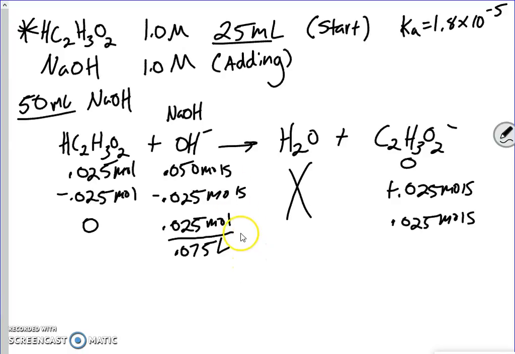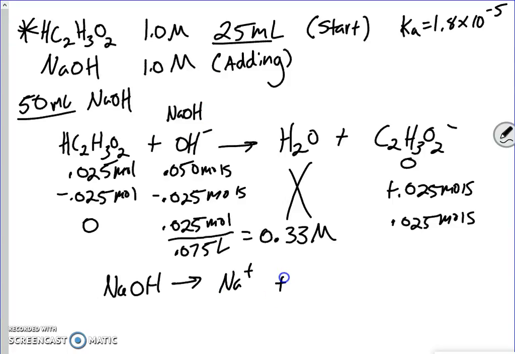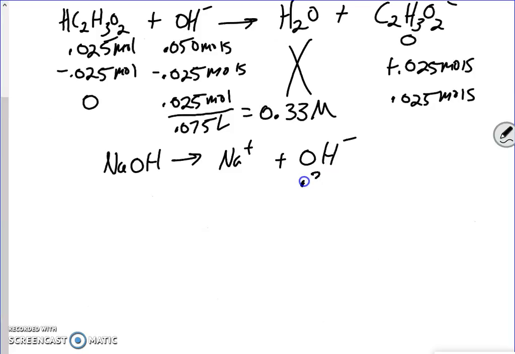And that's going to give us a molarity of 0.33 molar. And remember, sodium hydroxide being a strong base dissociates completely, which means we can take the concentration of sodium hydroxide and assume that's the concentration of the hydroxide. So we also have 0.33 molar hydroxide.